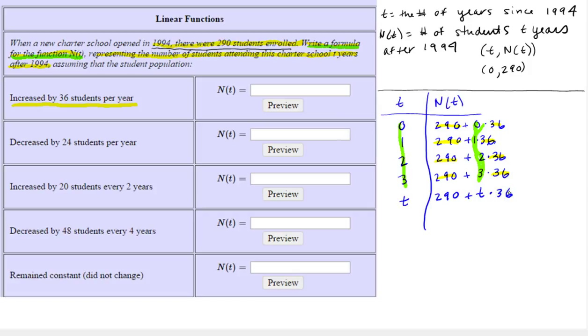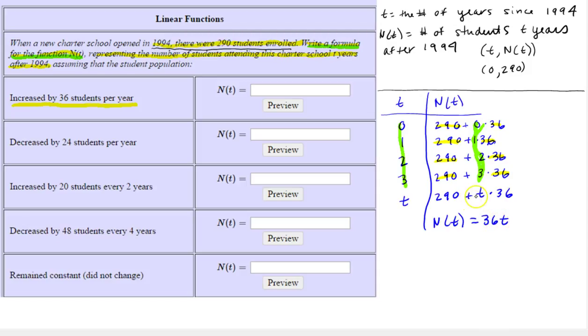Okay? And to think of this in terms of linear functions, we know that our rate of change, what it's changing by per 1 year, is going to be 36t. Okay, so this is equivalent to t times 36. We usually write this first. You don't have to, but we usually do.